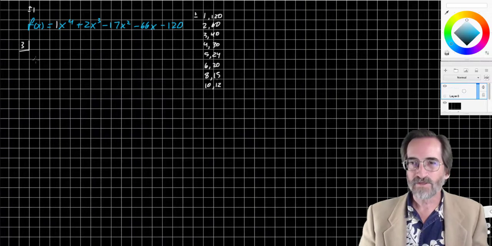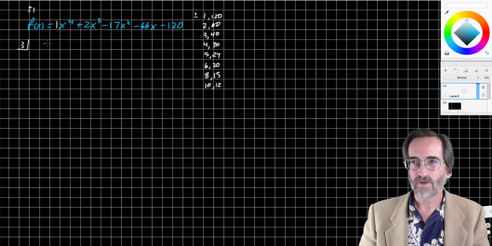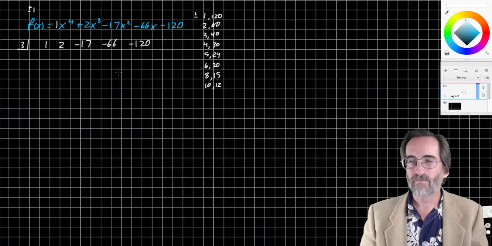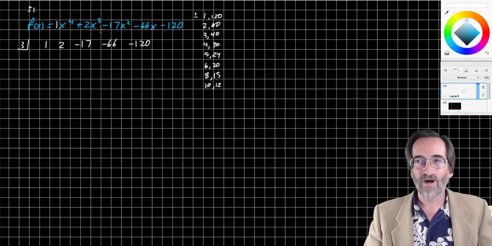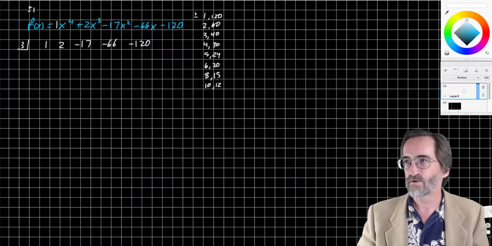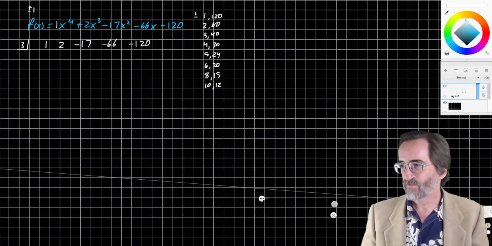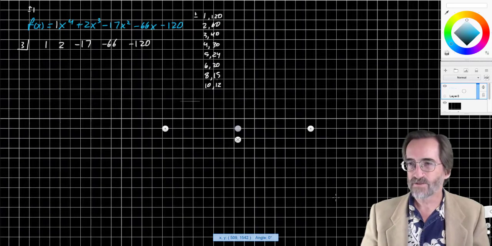Now, by the way, this is akin to dividing by x minus 3, right? When we use synthetic division, we include all the coefficients, 1, 2, negative 17, negative 66, and negative 120. Do remember that if you have a missing power, you need to include 0 as its coefficient. We need coefficient placeholders in those cases.